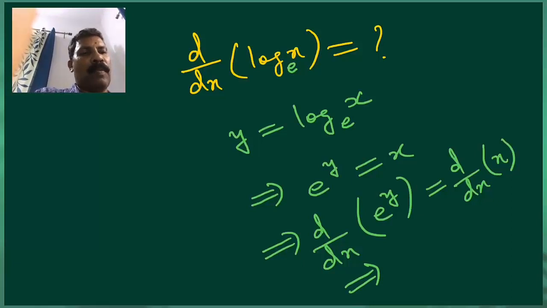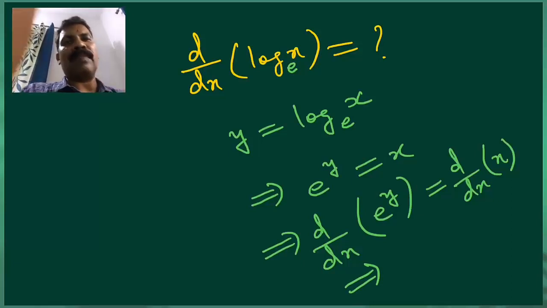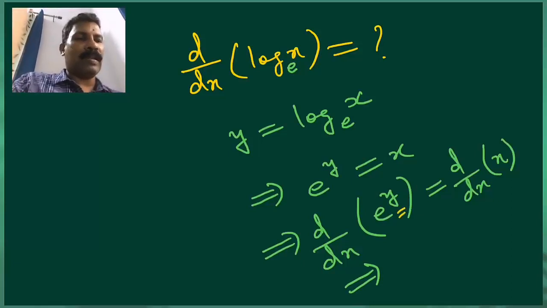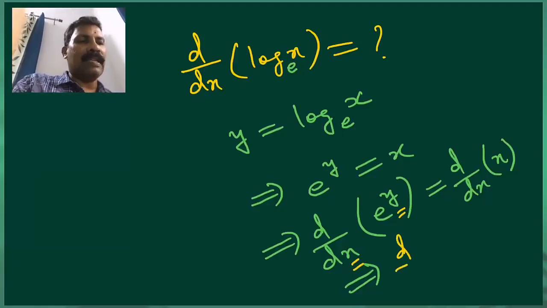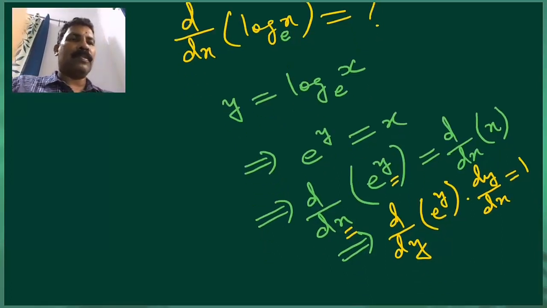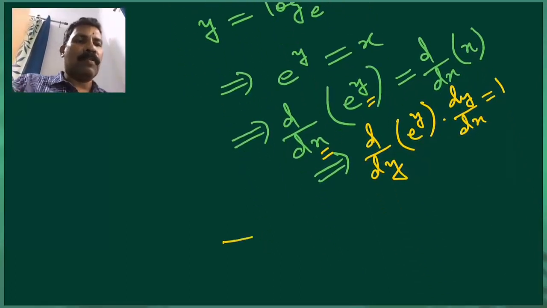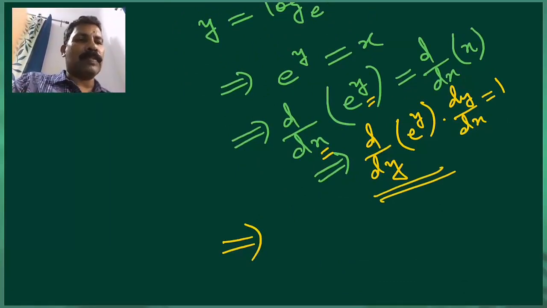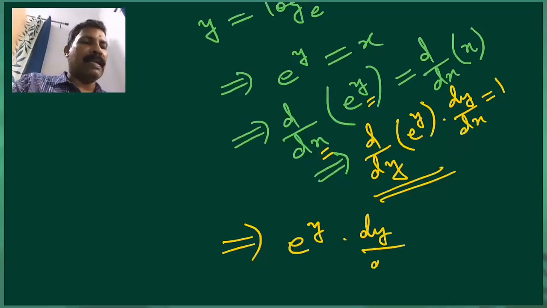Here there is a variable mismatching problem. Wherever a variable mismatching problem is there, we have to address it. I told you that is d by dy of e power y, then dy by dx, equals the derivative of x with respect to x, that is 1 only. So we have it like this, which implies the derivative of e power y with respect to y is e power y only, into dy by dx, equal to 1.